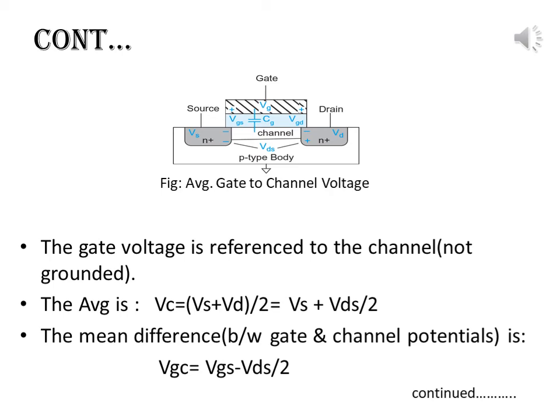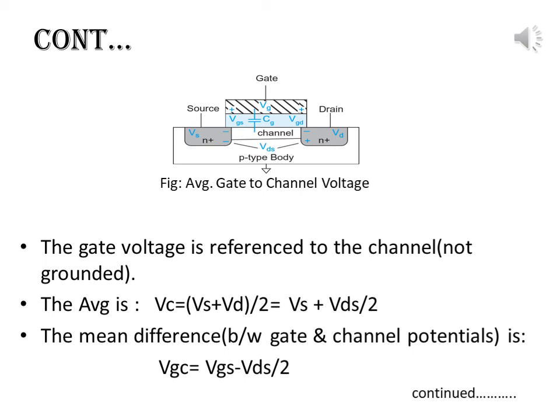So the sum of the source voltage plus drain voltage, whole divided by 2, or we can give that as the source voltage plus the drain to source voltage divided by 2.